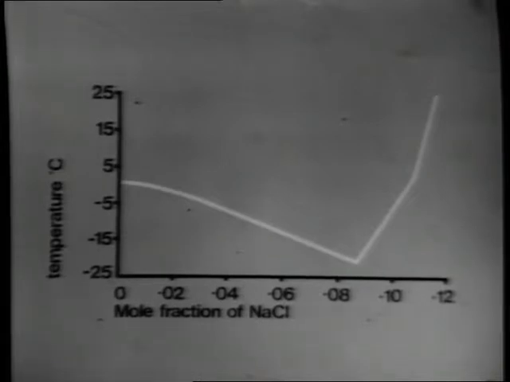So to orientate yourselves, let me say that a mole fraction of 0.0027 is isotonic in the case of sodium chloride. Now, this graph, as I say, shows the freezing point depression of solutions of increasing strength of sodium chloride.